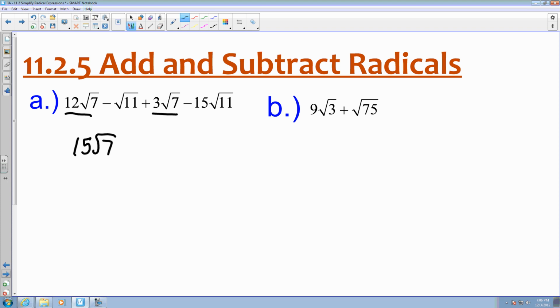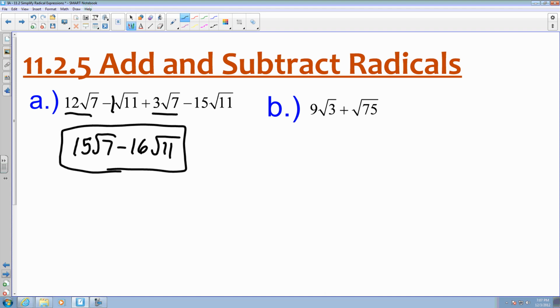And I have a negative 11 minus 15, which is like writing a 1 right here, so it would be minus 16 times the square root of 11. And I can't simplify that anymore, so that's how we'll leave it.